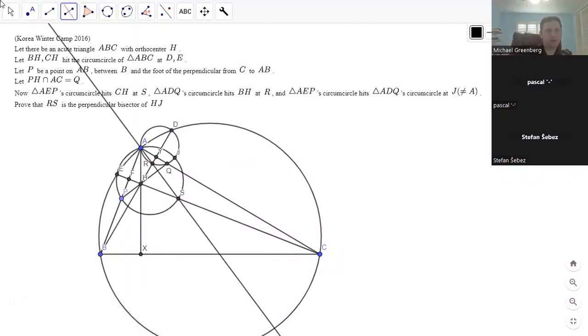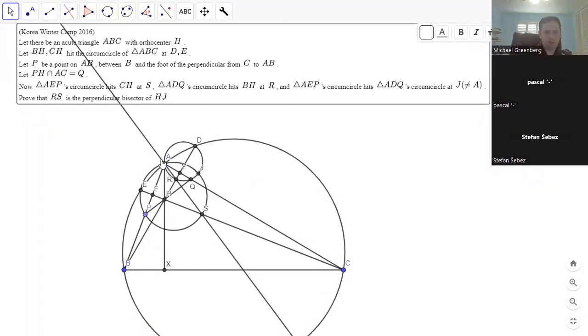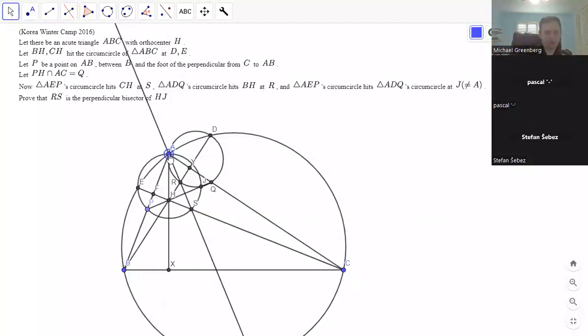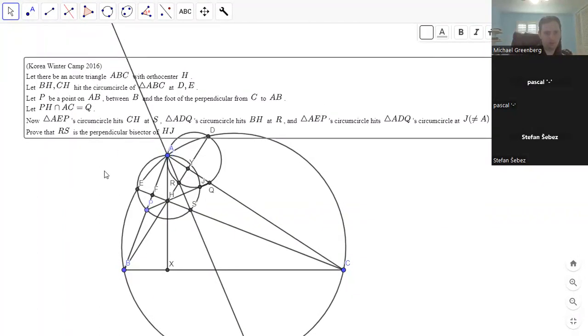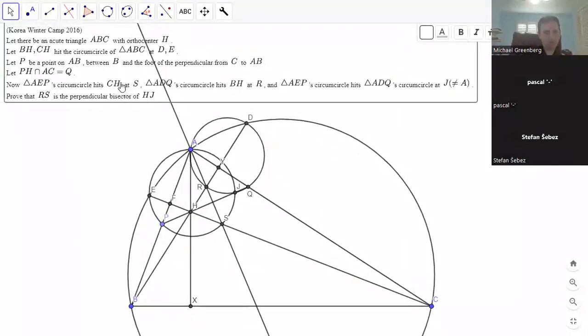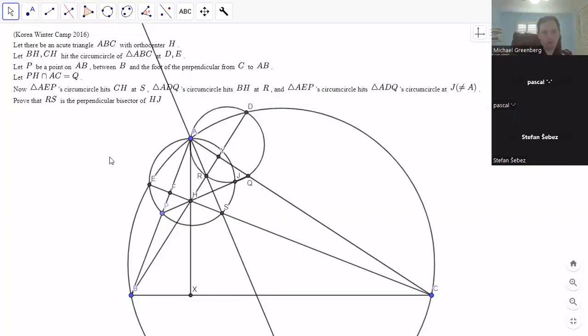Yes. And I wonder if A also lies on that. So maybe 2016 is easier than other years. I don't know. So it looks like A, R, and S are collinear, and they're all on the perpendicular bisector. That's what it looks like.